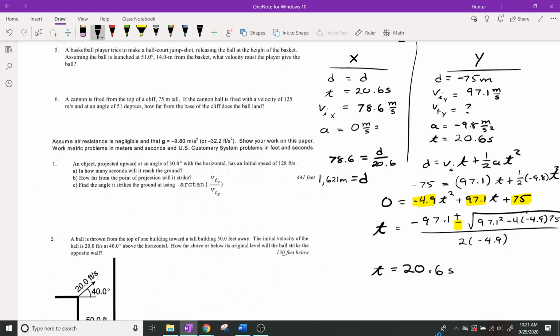Is this a reasonable answer though? 75 meters, or sorry, 125 meters per second is going about 250 miles per hour. So if you're going 250 miles per hour for 20 seconds, you'll easily cover a kilometer. So that's reasonable to me. That's totally reasonable. Okay, so 1916, 1921, whatever, that works out.